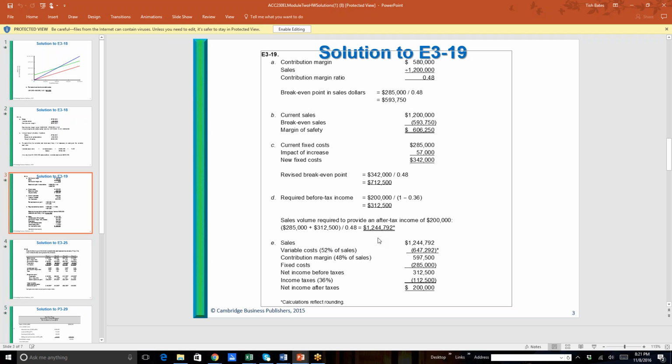Okay, so basically, you're saying that in that problem, variable cost, you're taking the sales times 52% to get that number? Yes. But you have to take the sales volume, and you may well have taken the 1.2, if I remember correctly.